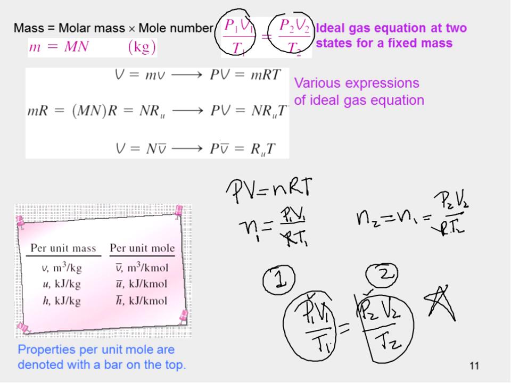Okay, so then here we have, this is of course the volume, and remember lowercase v is specific volume, which would be per mass. So if you multiply that specific volume times the mass, you get the volume, of course. So there are some manipulations that you can do to this main expression.